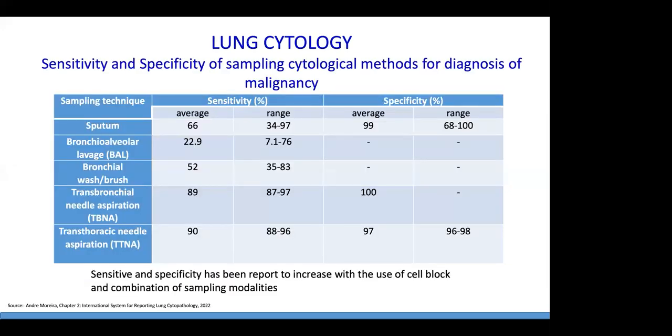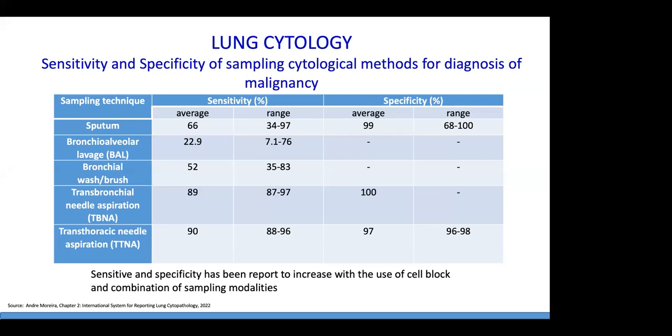The problem is that the sensitivity and specificity of each one of these cytological methods are different. And this depends not only on the methodology of sampling, but also on the location of the lesion. This is a table that will be presented in the book. It's made by Dr. Moderator. And then you have the sensitivity and specificity of each methodology.